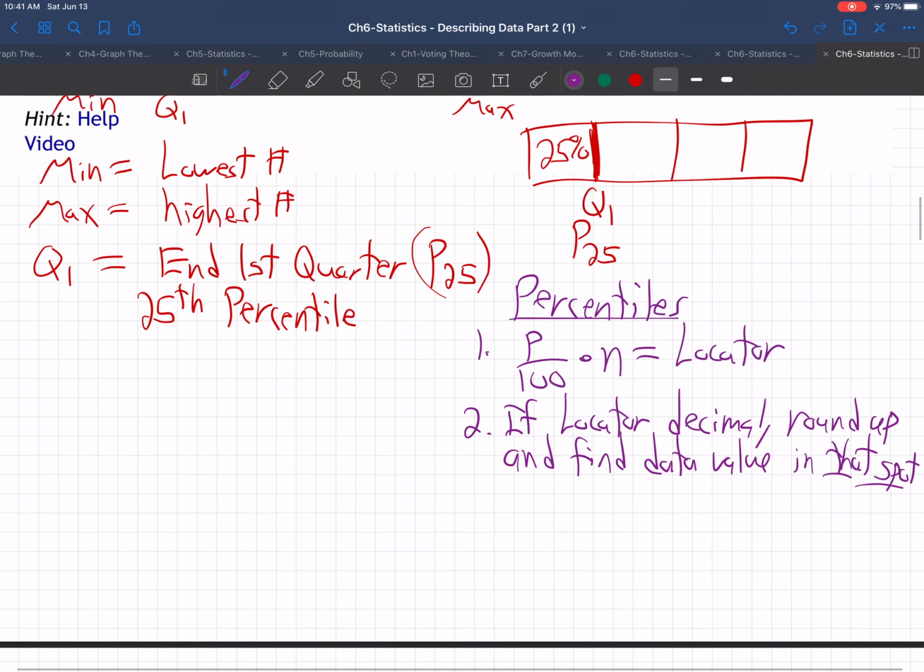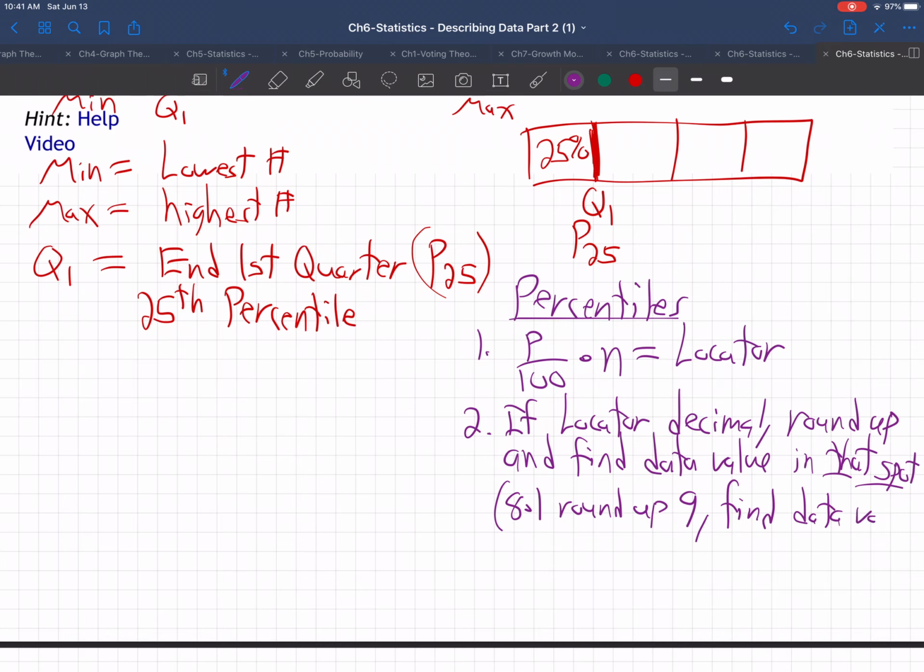It's important to know that round up means even, for example, 8.1 would round up to 9, and then we would find the data value in the 9th spot. So it's a locator. You go locate the 9th data value.